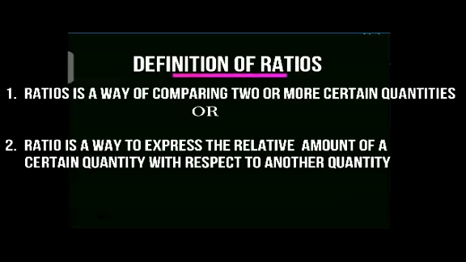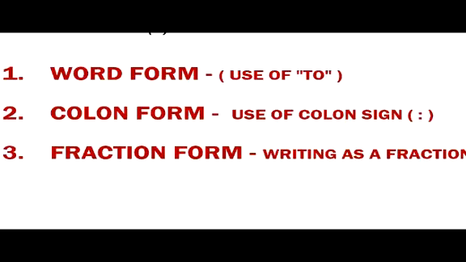The second subtopic that we shall be discussing today is how we write ratios. There are three ways by which ratios can be written. The first way is in the word form. This is writing with the usage of "to", putting "to" in between the two comparing values.